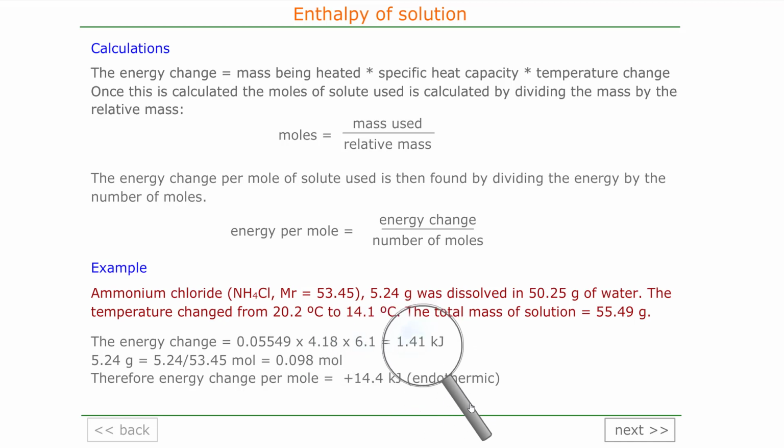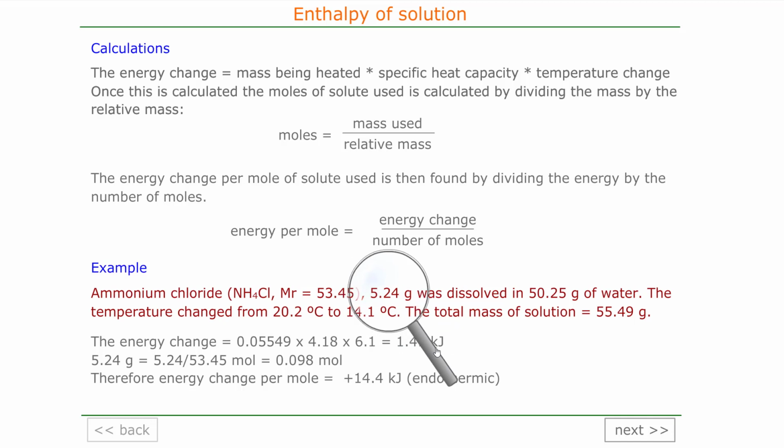And this gives us an energy change of 1.41 kilojoules. Now this is the energy change for this mass. We need to know what the energy change would be per mole. So first of all, we have to find out how many moles there are in 5.24 grams.